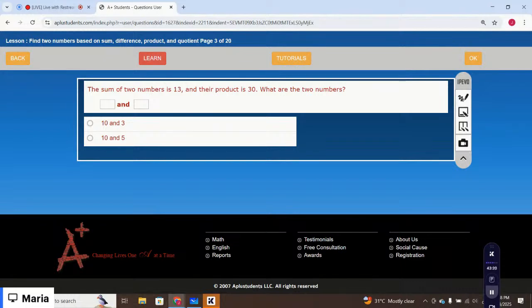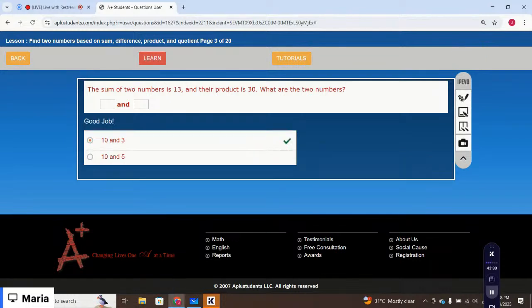Option number 1 is the correct option. That is 10 and 3. 10 and 3 have the sum 13. And when you multiply them, then it's 30. Option number 1 is the correct option.